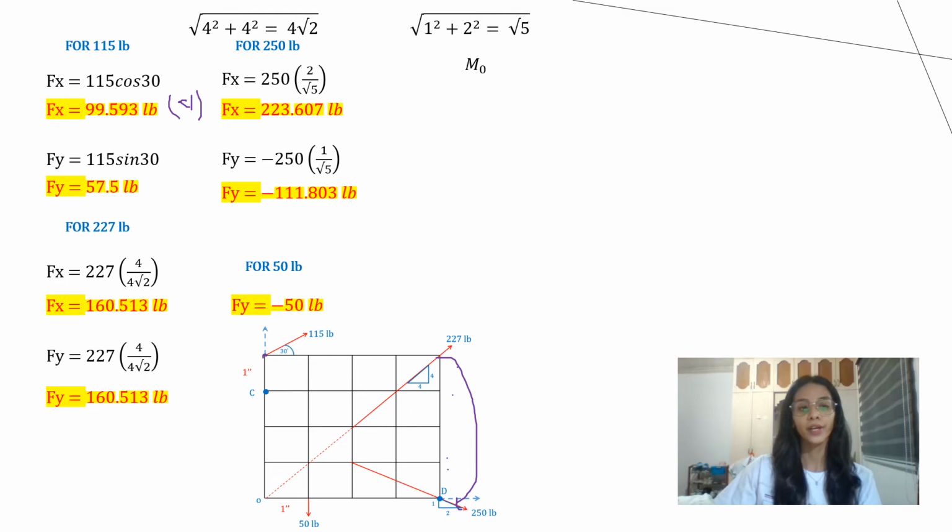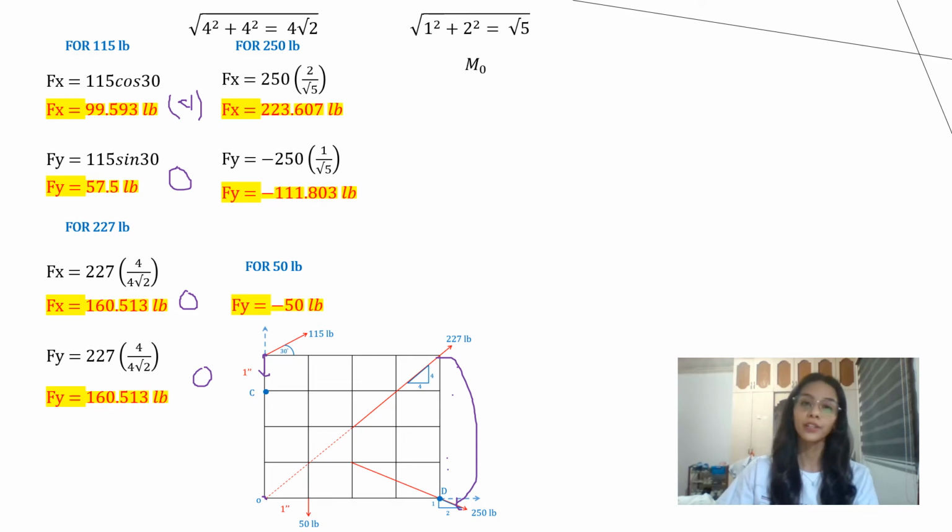And for our Fy, since it's already pointing at point O, it is considered as 0. For our force 227 pounds with an Fx of 160.513, since this is the origin of the 227 pounds, it is already at the point O, so it is considered 0, and also for our Fy.